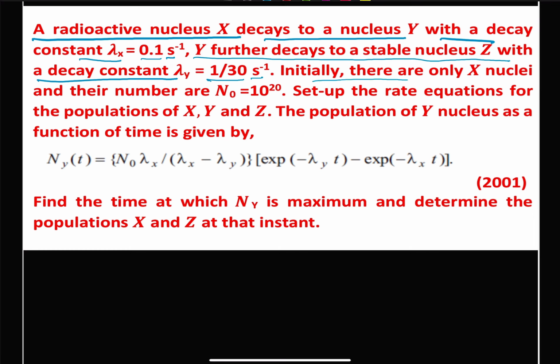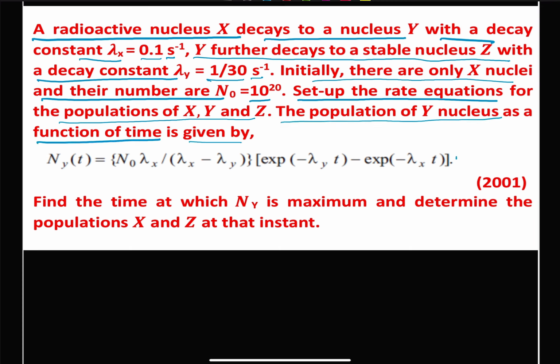Initially there are only X nuclei and their number is n naught, 10 to the power 20. Set up the rate equation for the population of X, Y and Z. The population of Y nucleus as a function of time is given by this particular equation. And secondly, find the time at which n of Y is maximum and determine the population of X and Z at that instant.